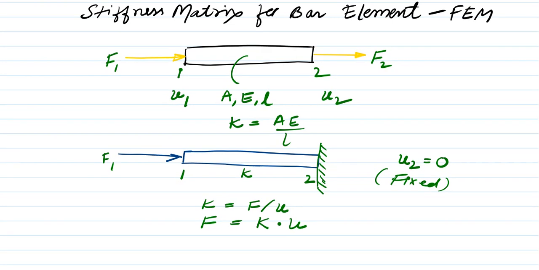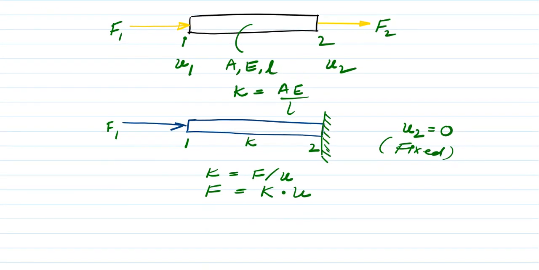Now the same equation we can relate to the figure above. For F1, the force is F1, K is the stiffness, and the displacement at node 1 will be along the force, in the same direction. So it will be U1, taken as plus because it is in the same direction.